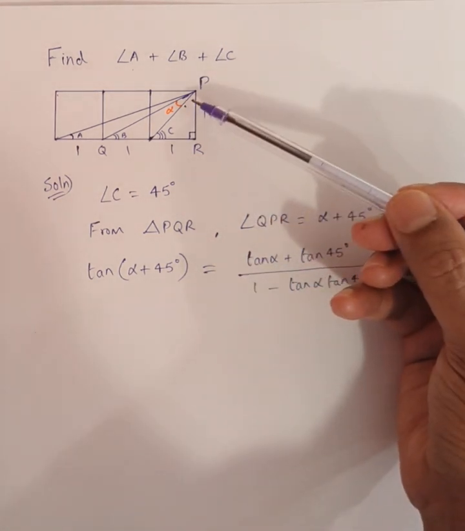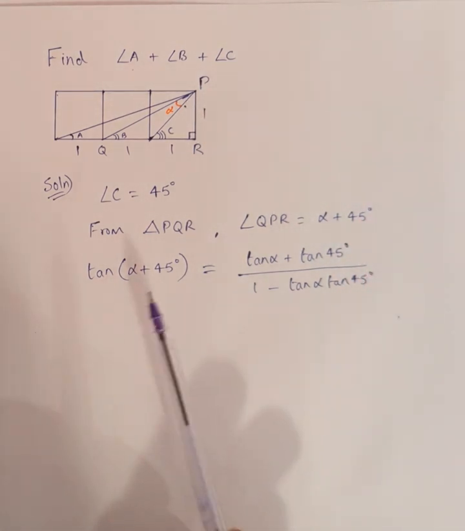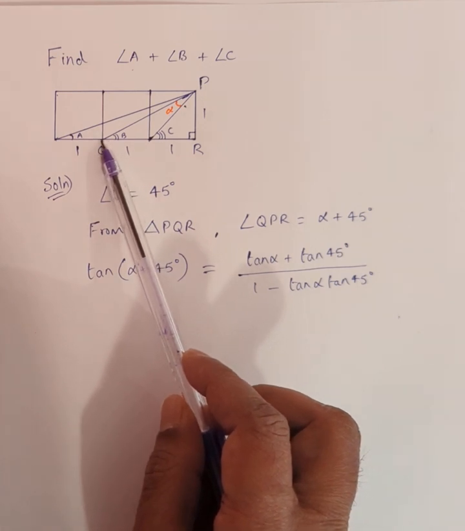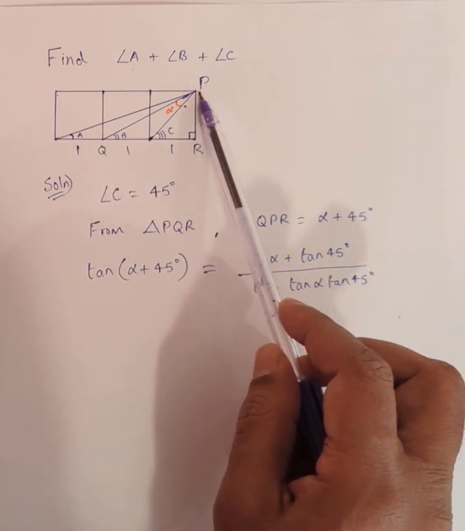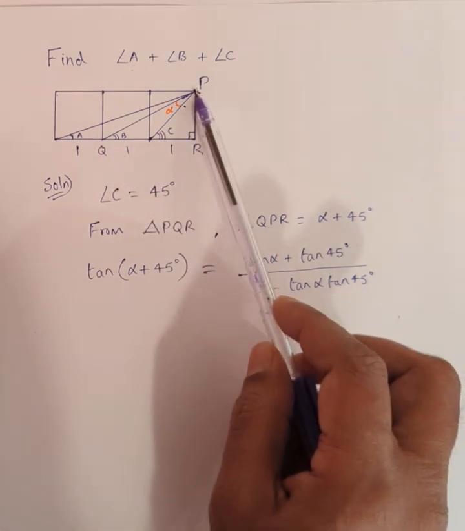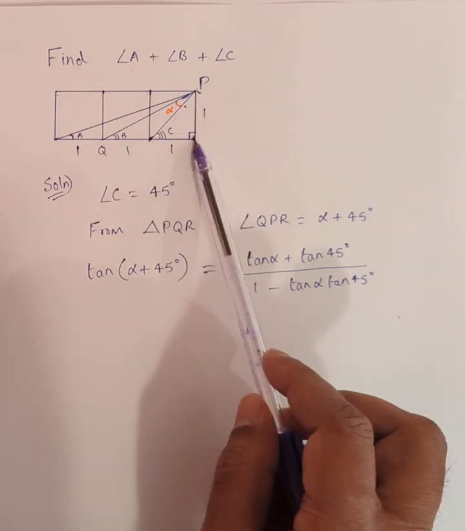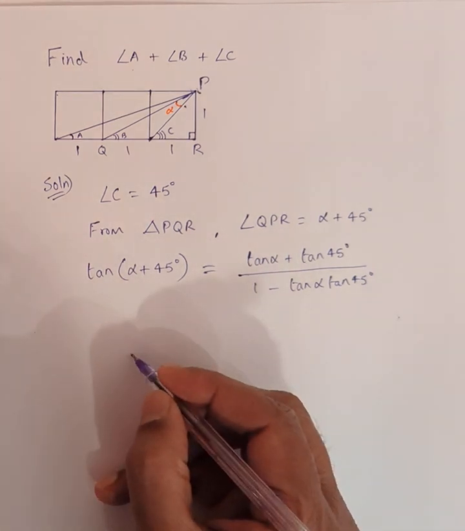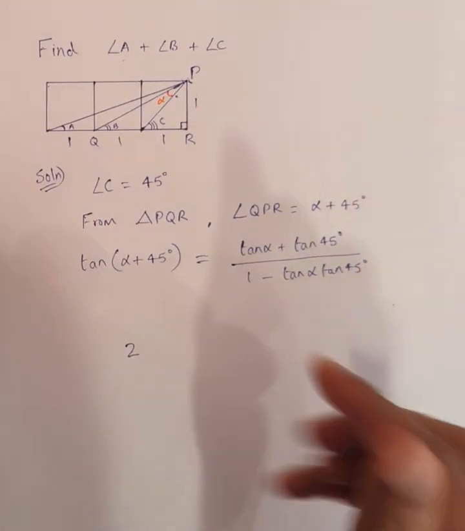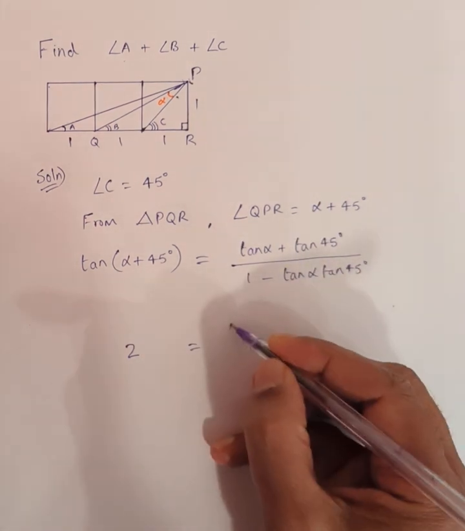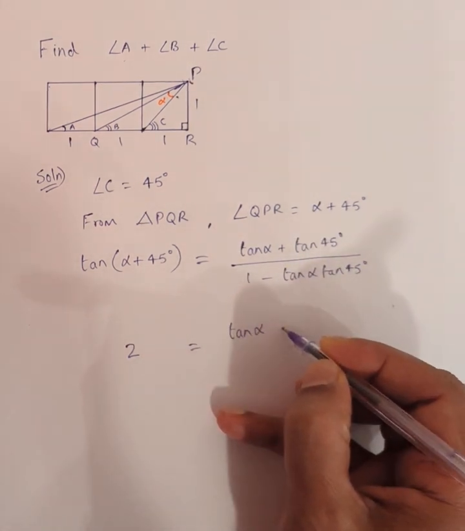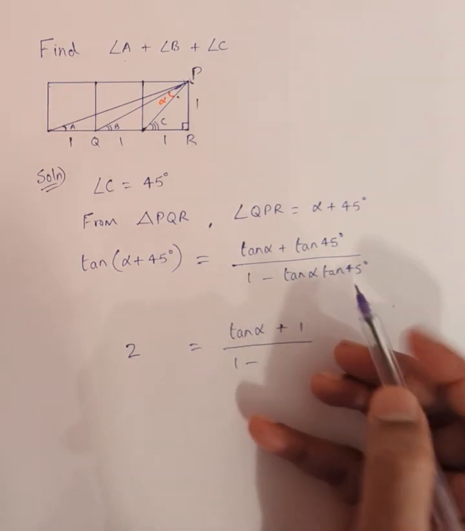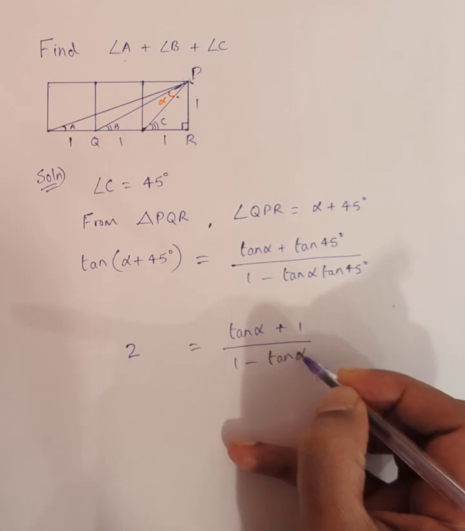And from the picture, the reason we chose to work with tan of alpha plus 45 is because we can see that this is equal to 2 divided by 1. If you consider triangle PQR, the opposite side is 2, the adjacent side is 1. So the left side is going to be 2 and the right side simplifies to tan alpha plus 1 divided by 1 minus tan alpha times 1, which is just tan alpha.